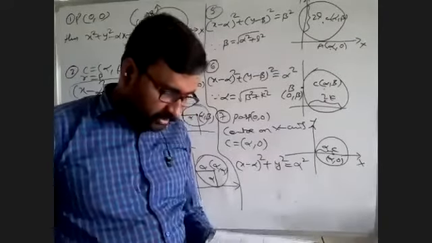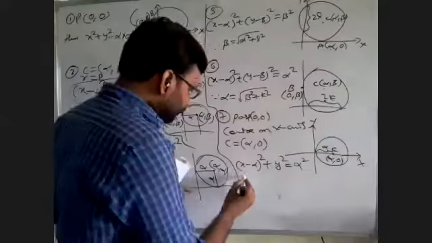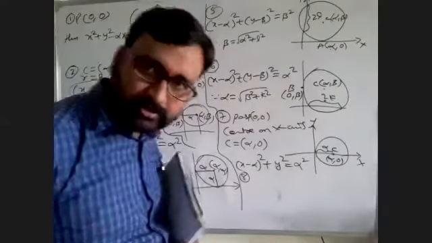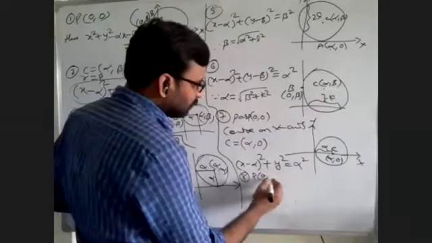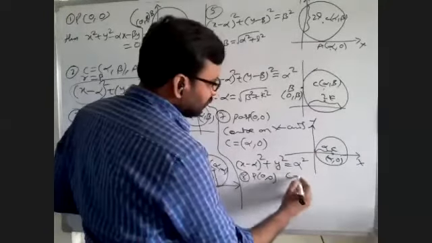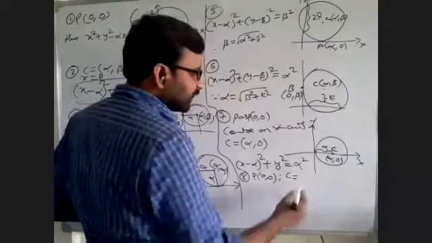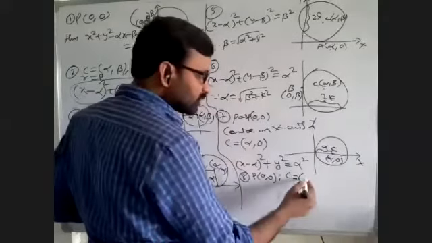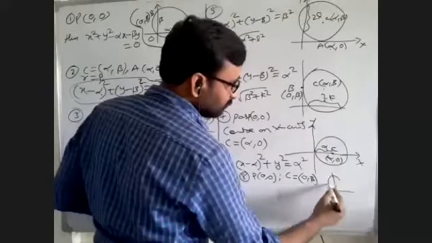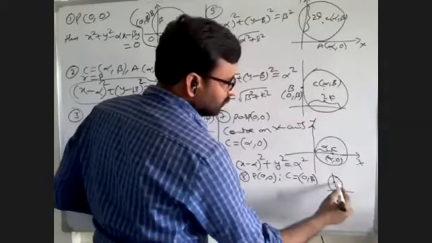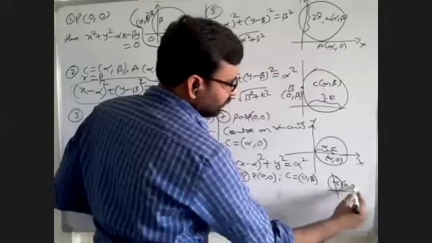And next, when the circle passes through 0 comma 0 and the center lies on the y-axis, the center is 0 comma beta. This is the center 0 comma beta.